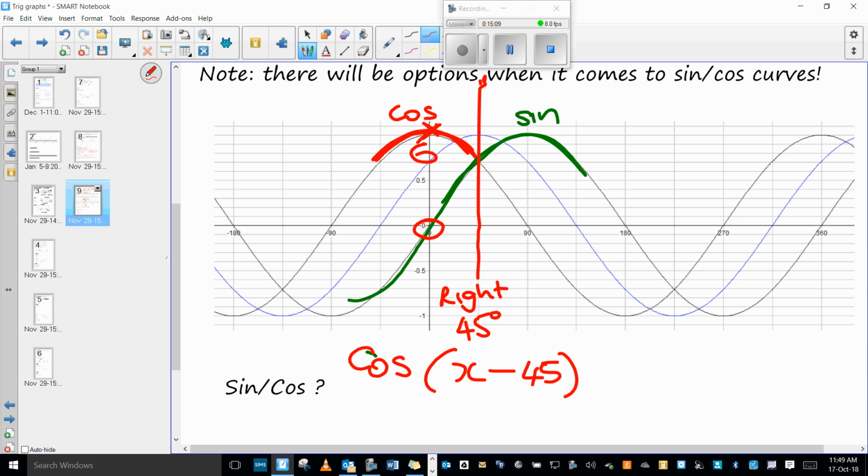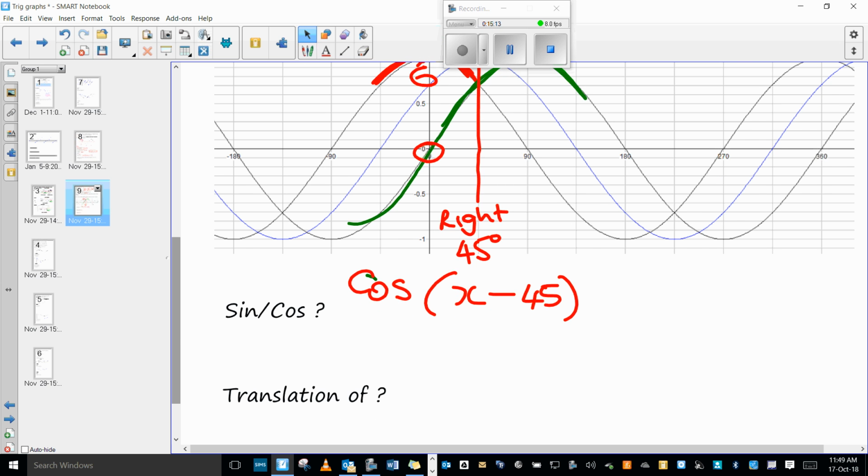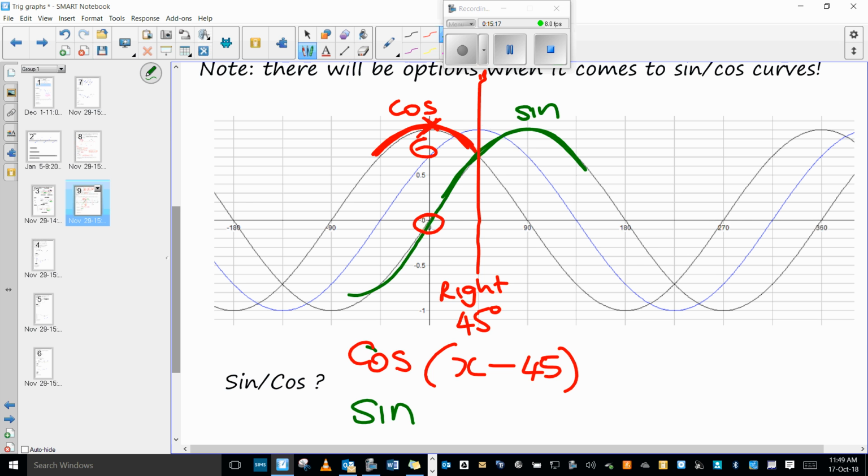Well, let's have a little look. So look at the sine curve. So if we were going to say it was a sine curve, again, you're trying to find a good point that you can see how many degrees it's gone across. I'm going to focus on this part here. This is at 0, and I can see this is now over here.